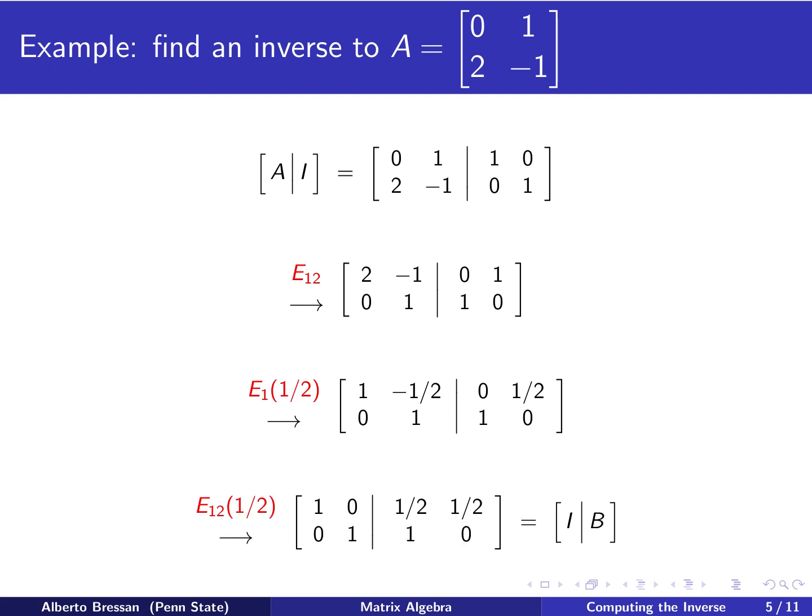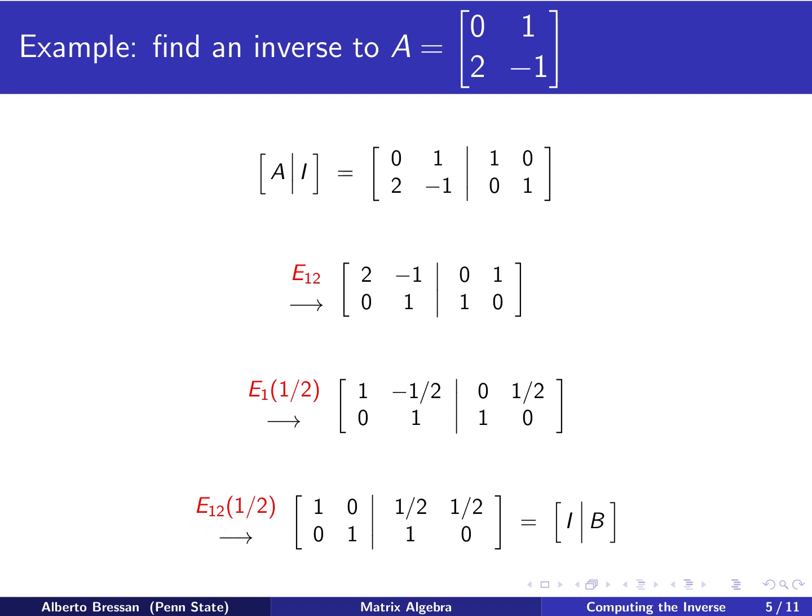Now you see we are almost there. We just need to make this term 0. We can take the second row, multiply it by half, and add on top of that. That will make that term 0. So on row 1, add row 2 multiplied by half.